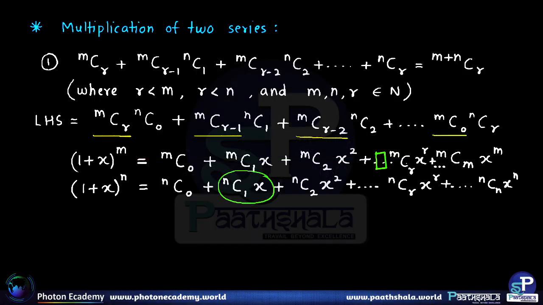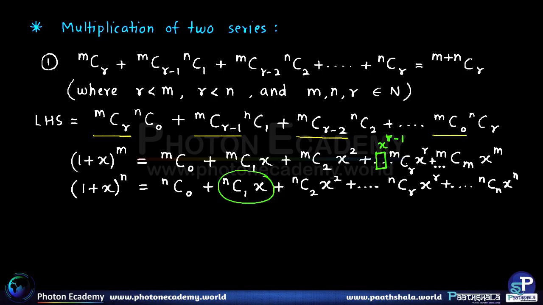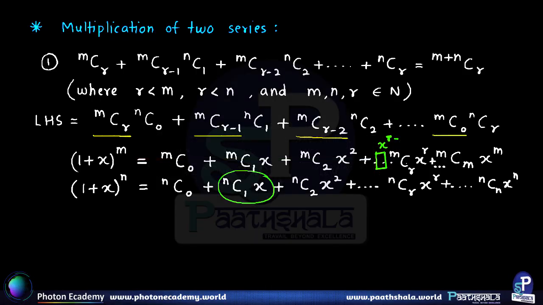So it will definitely have x raised to r minus 1 in that. Now if you take the product of these two highlighted green terms, x multiplied by x raised to r minus 1 is going to give us x raised to r once again. So you see that in each of these products we are going to have x raised to r as the variable part.